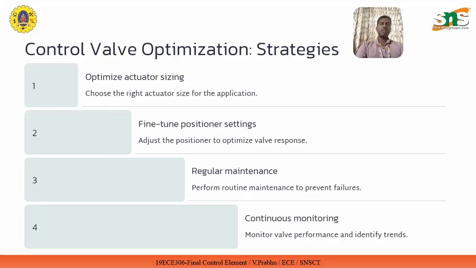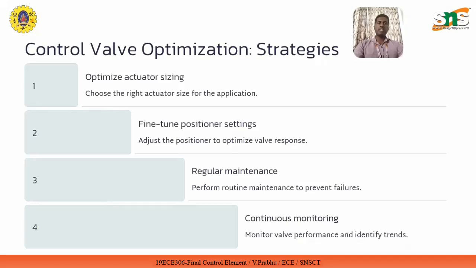Second one is fine tuning the positioner settings. We have to adjust the positioner settings such that it can properly respond to the valve feedback. From the feedback link, we connect the positioner feedback and the valve movement. This feedback should be properly ensured to correct the valve movement and the signal to the actuator.